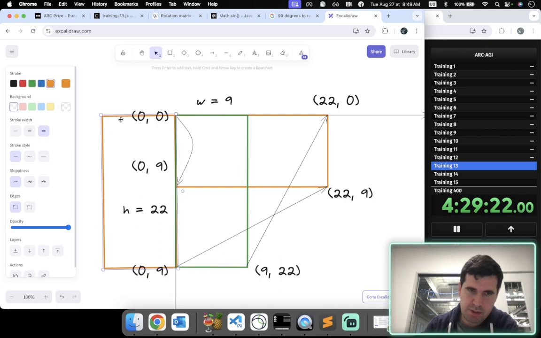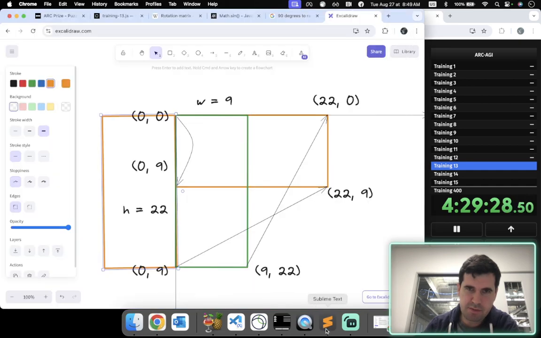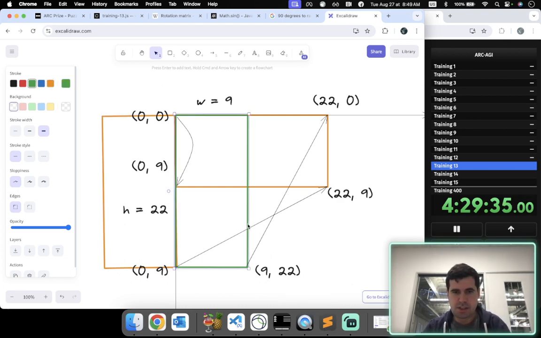So 0, 0. Oh, okay, so I think it has to do with where 0, 0 is rotated. And so in this case, this one is like this.